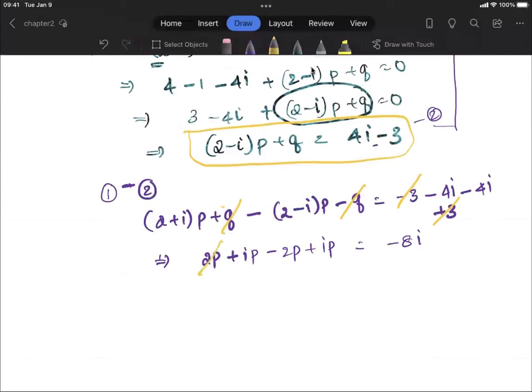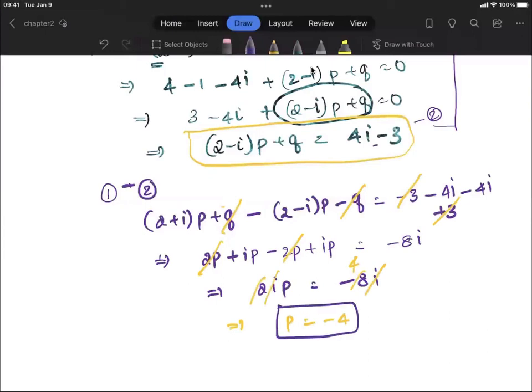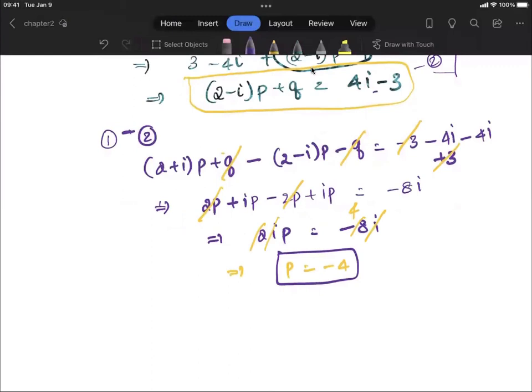The 2p terms get cancelled, and you have 2ip equals negative 8i. Now I can cancel i, and it's negative 8 over 2, so I can write this as p equals negative 4. So we know the value of p. We found it to be negative 4.